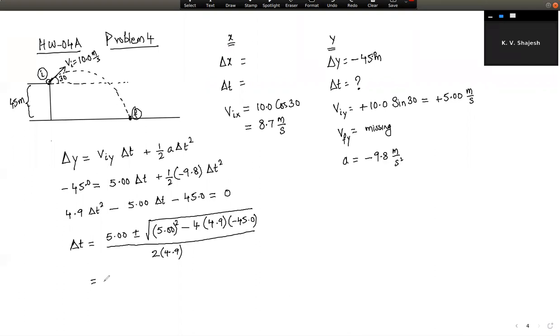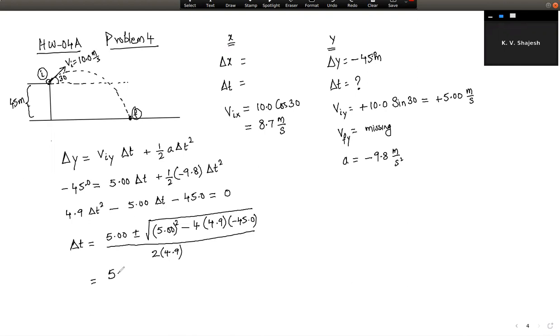Oops, mistake there. So 45 times 4.9 times 4 plus 25, that's 907.